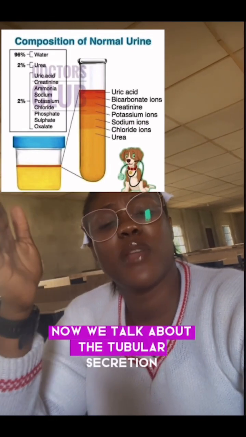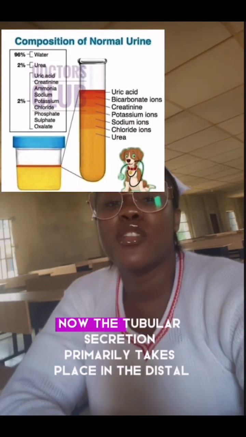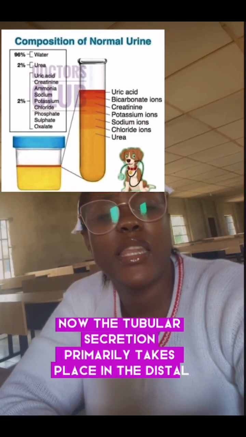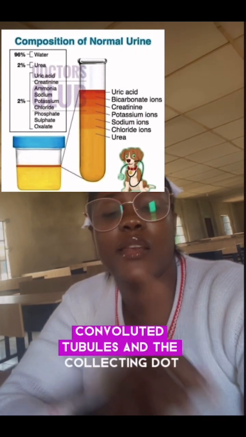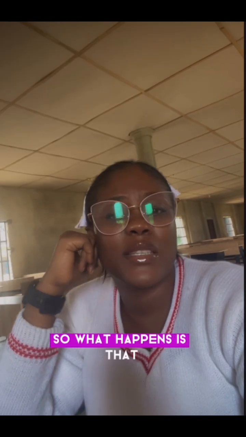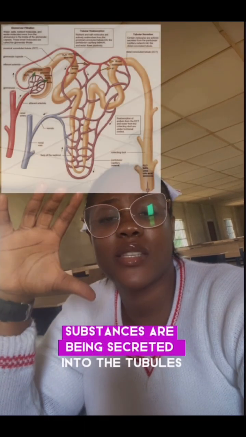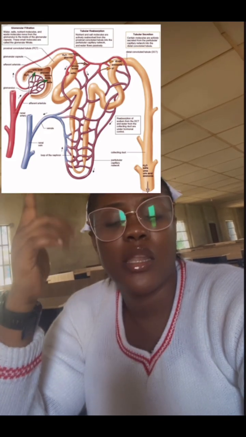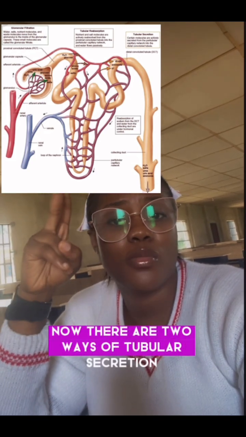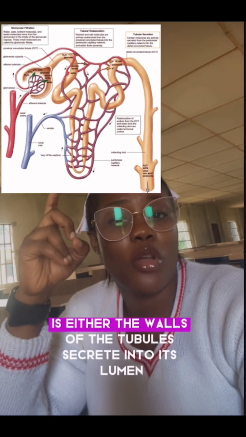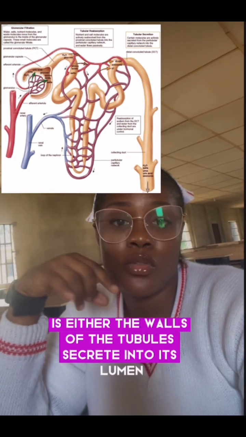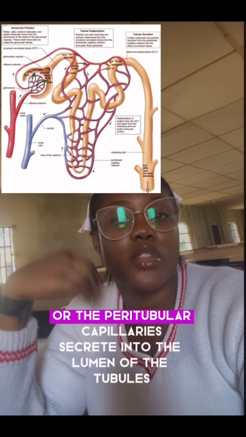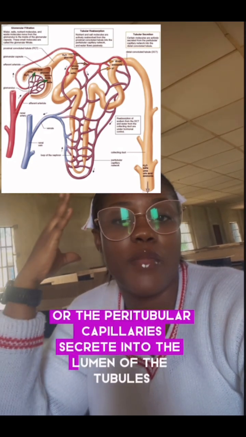Now we talk about the tubular secretion. The tubular secretion primarily takes place in the distal convoluted tubules and the collecting duct. So what happens is that substances are being secreted into the tubules to enable the elimination of waste. Now, there are two ways of tubular secretion. It's either the walls of the tubule secrete into its lumen, or the peritubular capillaries secrete into the lumen of the tubules.